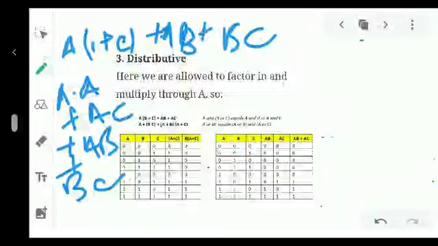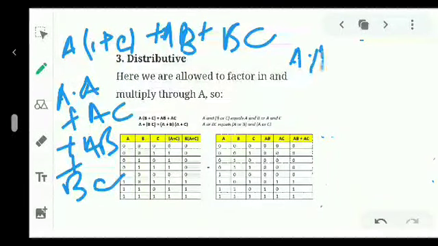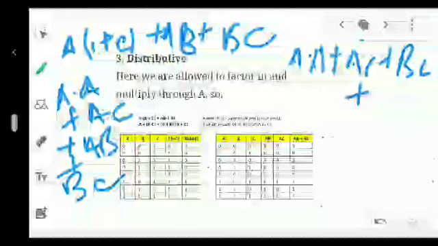Now I am writing the whole part over here: A into A plus AC plus BC plus AB.